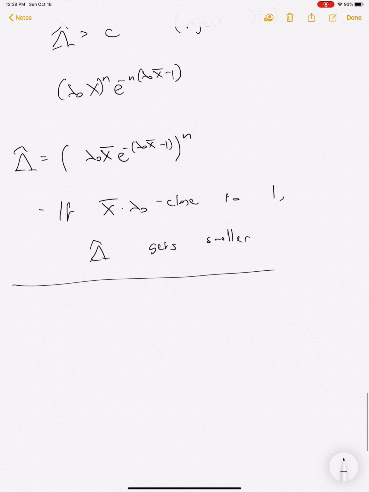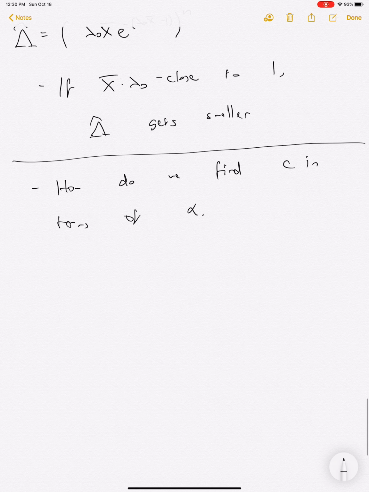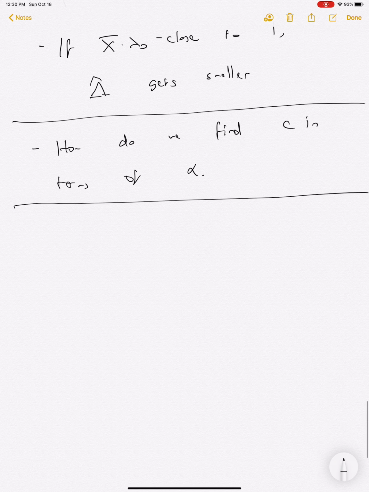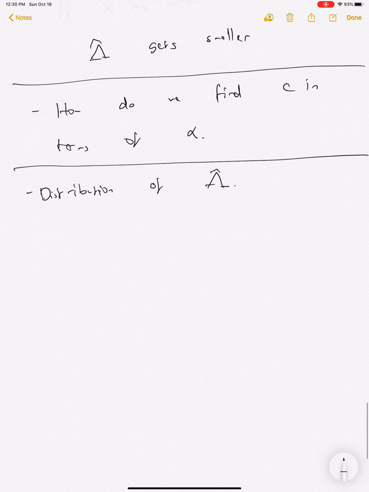So the next question is, how do we find c in terms of alpha? And this leads to the next key result from section 9.4, the distribution of gamma hat. So remember again that we're going to go back to the general form of this result, or this statistic, first.